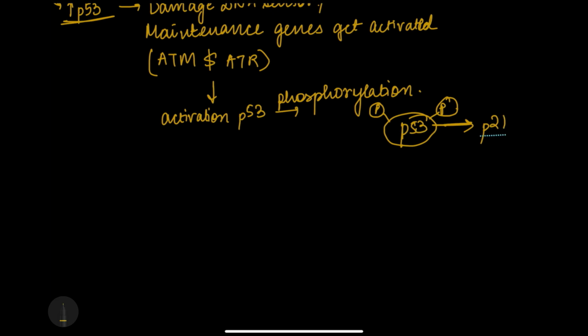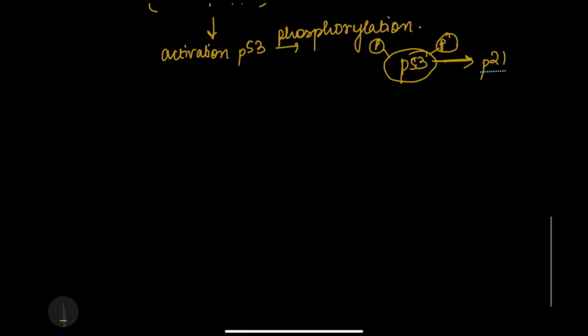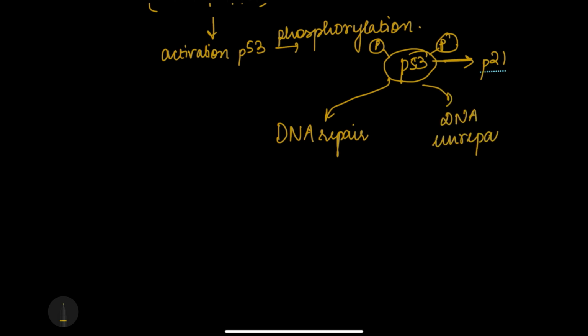When p53 is activated, it leads to two cases. Either it leads to DNA repair, or the DNA remains unrepaired, right? These might be the two cases. Okay, if the DNA remains unrepaired, then it further can be of two types.